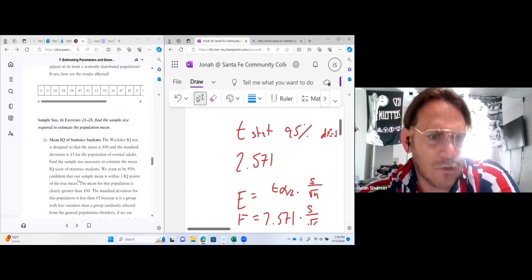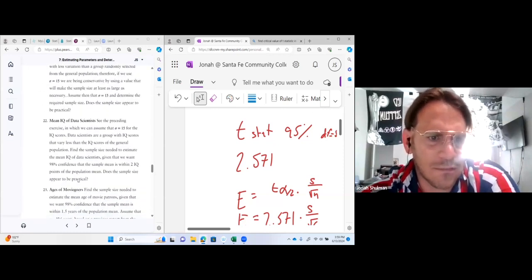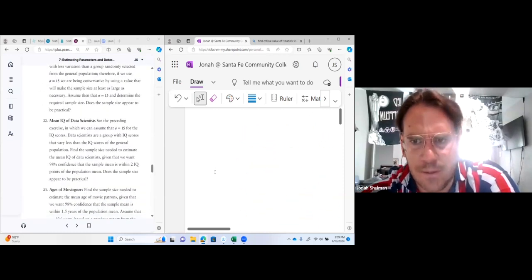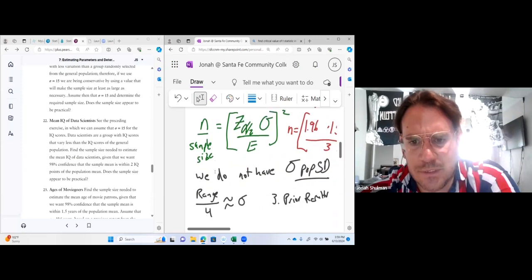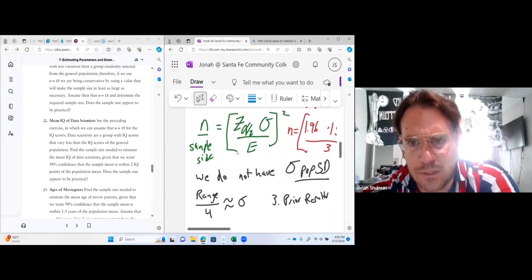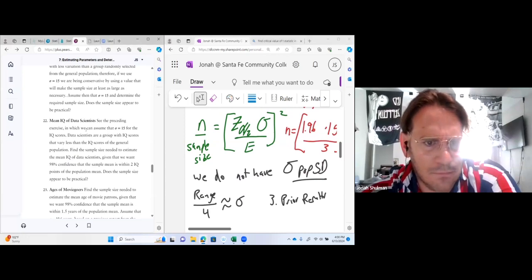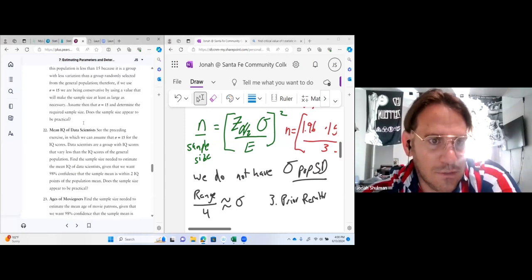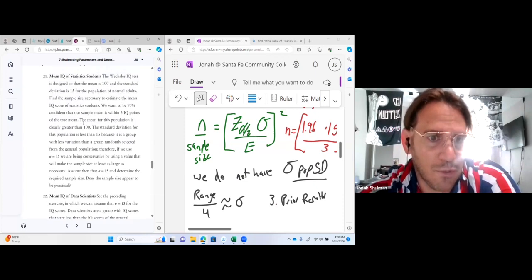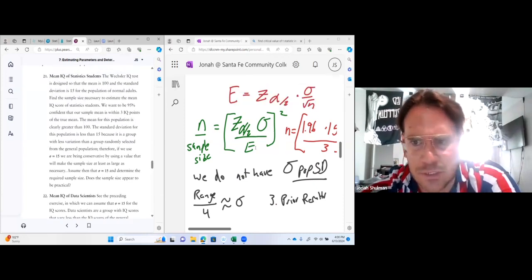Find the sample size required to estimate the population mean. All right, so remember when we're doing these sample sizes, we just use this formula. See the preceding exercise. So I'll do 21 for everybody. Sample mean is 100.